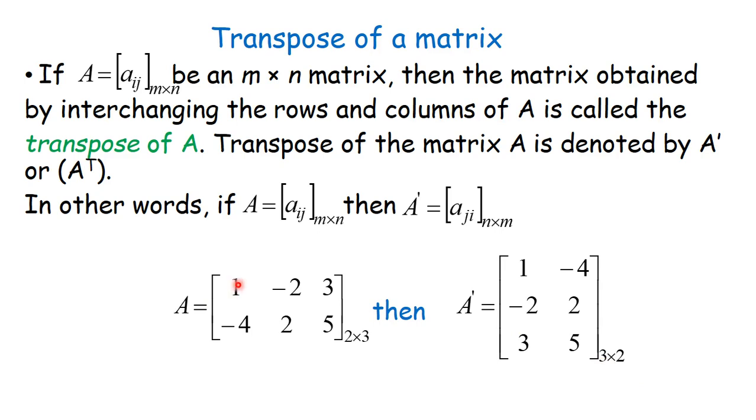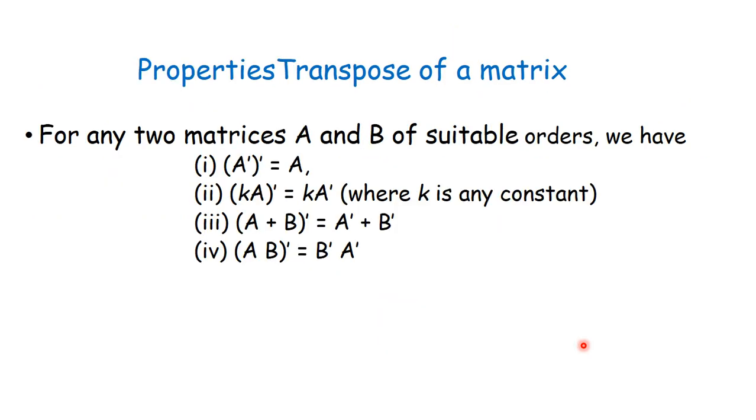Okay, so the elements of the first row will be the elements of the first column in A dash. The elements of the second row in A will be the elements of the second column of A dash. So the transpose of your matrix will be obtained by interchanging the rows into columns.